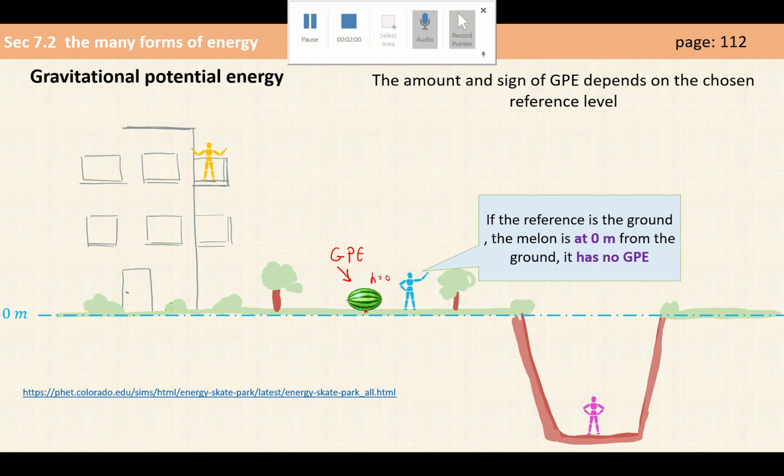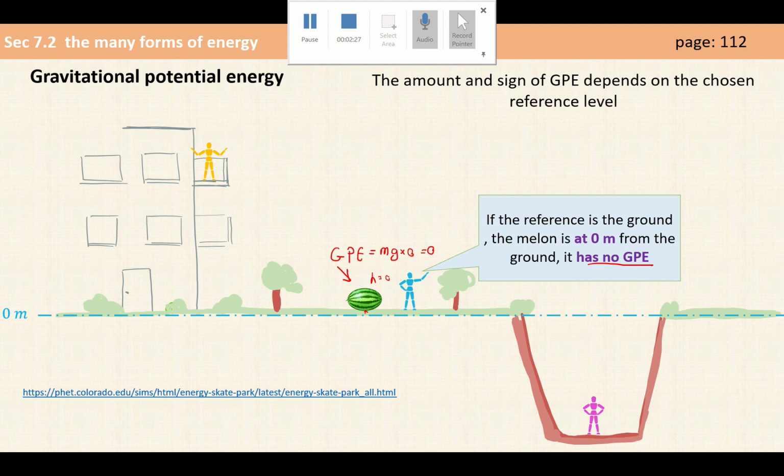Hence, if the reference level is chosen to be the ground, the melon is at a height of 0 meters from the ground, and hence, if you want to calculate the gravitational potential energy, multiplying the mass of the watermelon times 9.8 times h, which is 0, will give you a gravitational potential energy of 0.